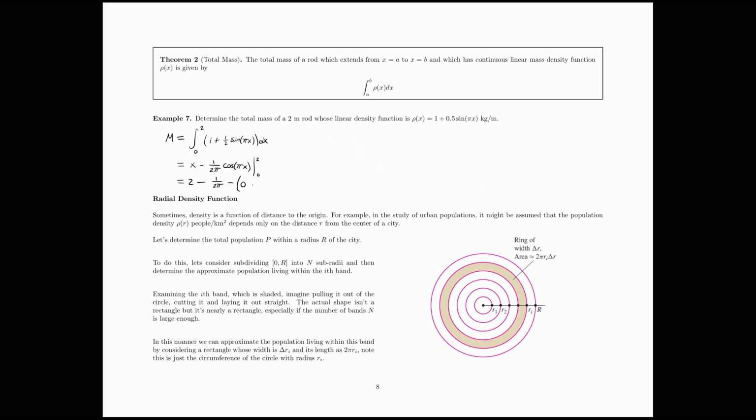So 0 minus cosine of 0, which is 1, so 1 over 2 pi. So this should simplify down to what? We have a minus 1 over 2 pi, but then a double negative, so plus 1 over 2 pi. So these cancel, and we're left with just 2. And of course the units are given, so this would be 2 kilograms total.